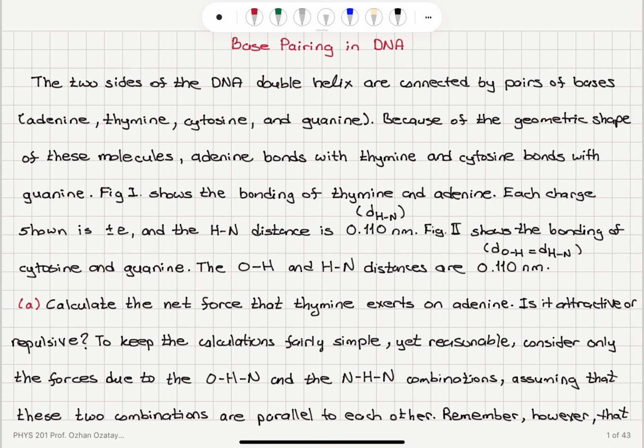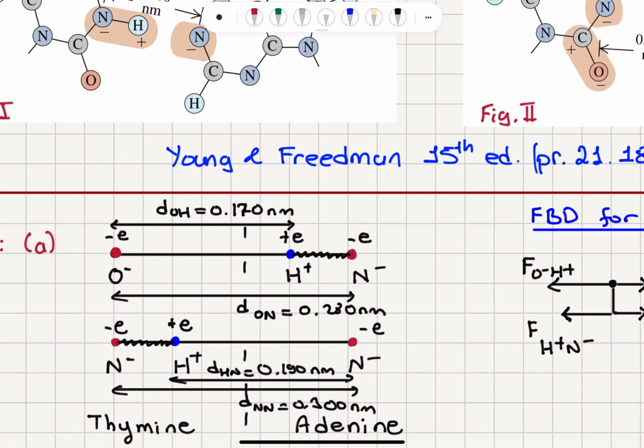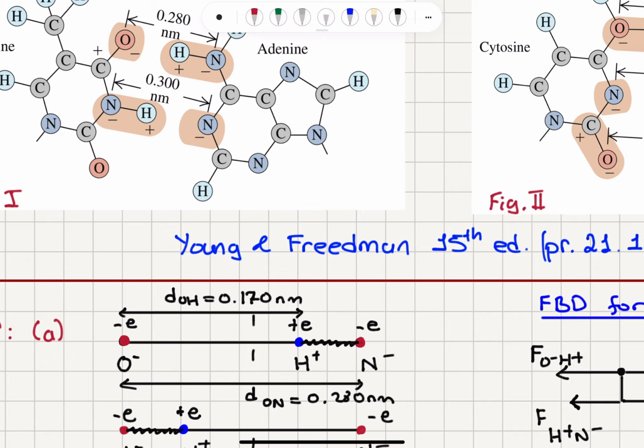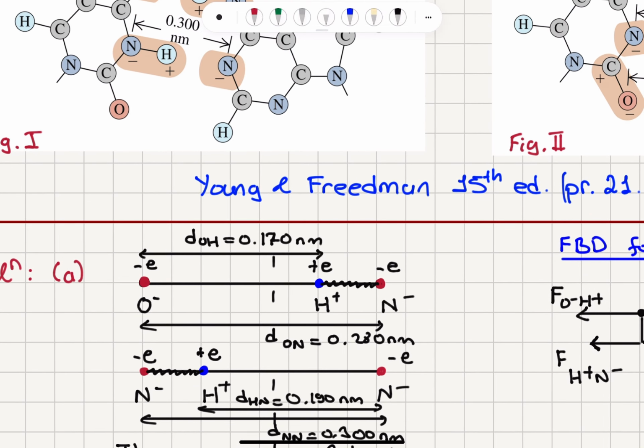So we can say that this oxygen-hydrogen distance is 0.17, so that they add up to 0.28 nanometers. This is the oxygen-nitrogen distance.